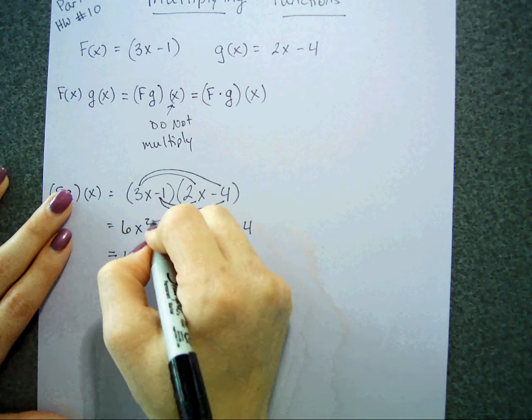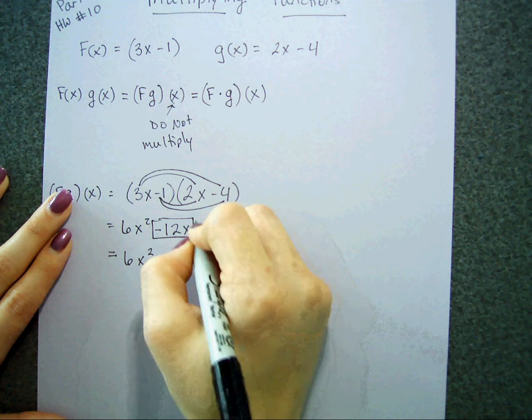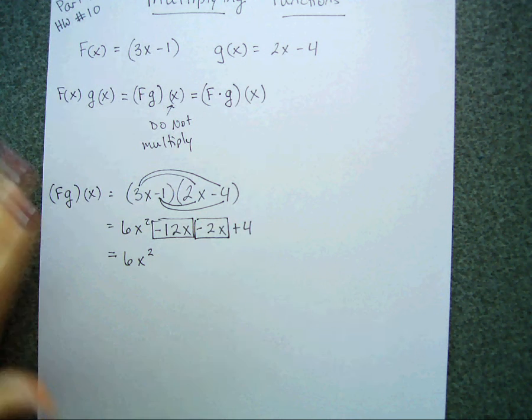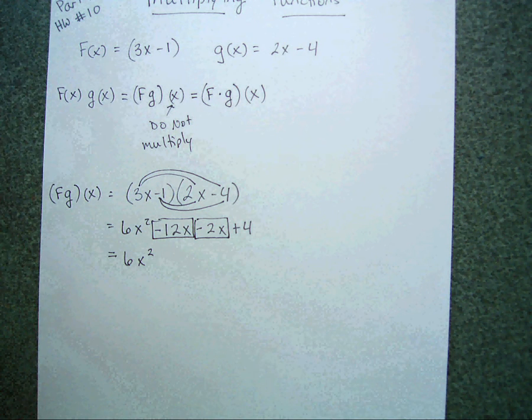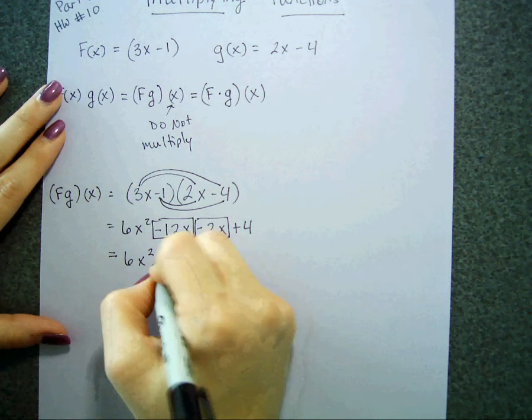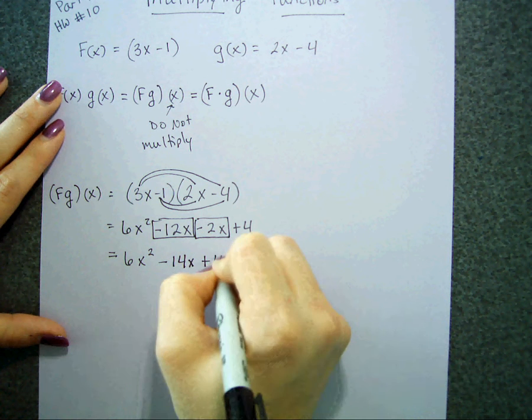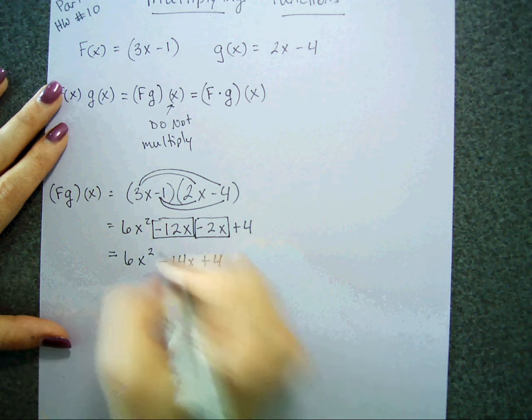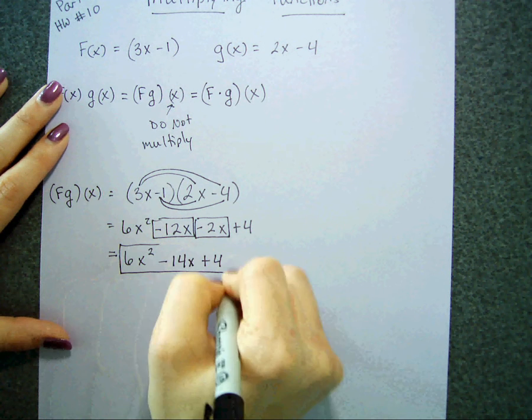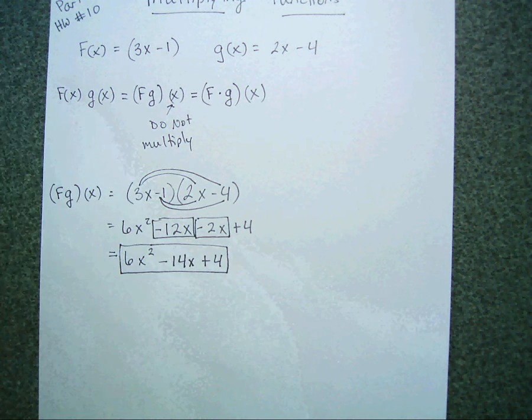I have a negative 12x and a negative 2x. Those are like terms. They have the same variable with the same exponent, so I get negative 14x. And my positive 4 has no other like terms, so it just gets written down. So there is the product of f times g.